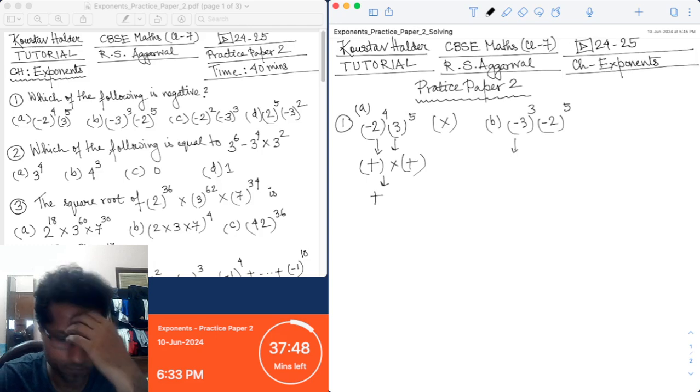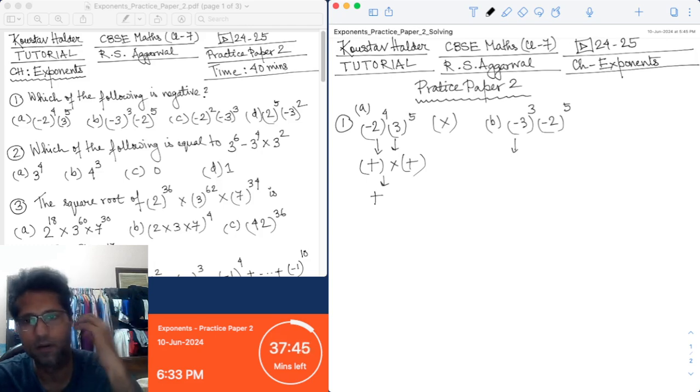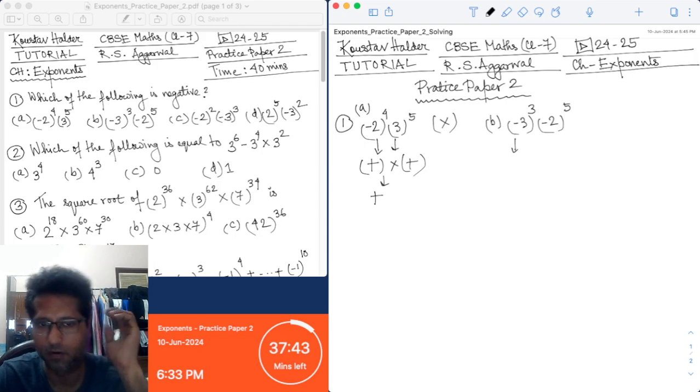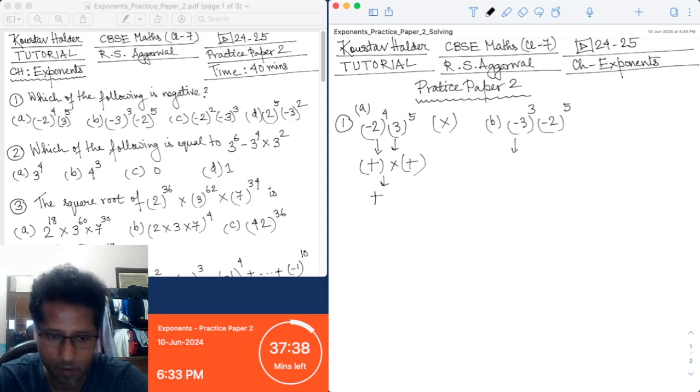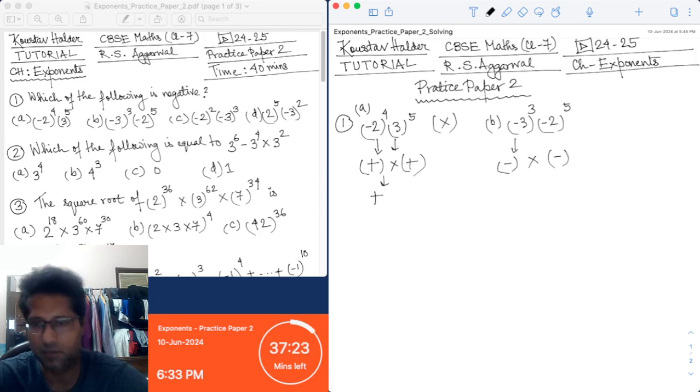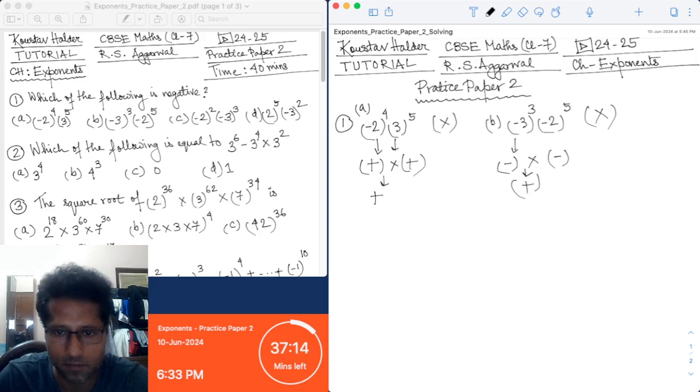We know that any exponential number which has a negative base, and if the power is an odd natural number, then the value is negative. So this will be negative multiplied by negative, because the base is negative and the power is odd. So negative and negative becomes positive. So this is also not negative. This is not a choice.